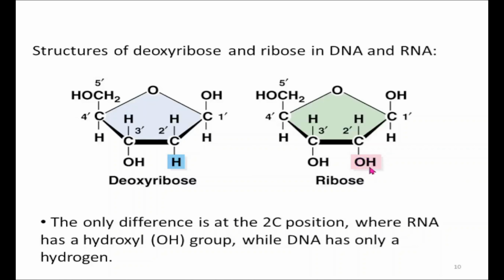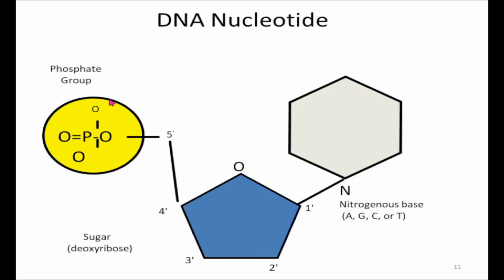That is the only difference: at the second carbon position, RNA has a hydroxyl group and DNA has only hydrogen. This is a nucleotide. A nucleotide has 3 components: the phosphate, the ribose or pentose sugar, that is the 5 carbon sugar, and the nitrogenous base, either adenine, guanine, cytosine, or thymine.